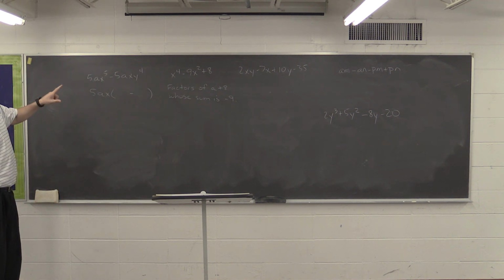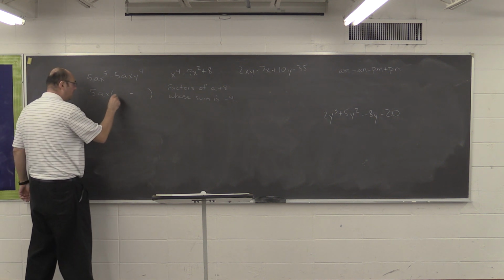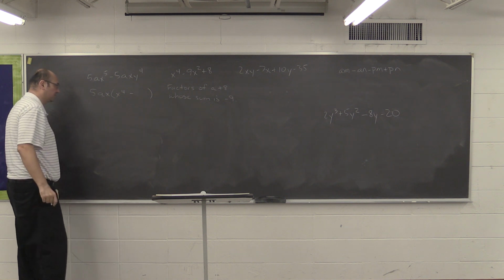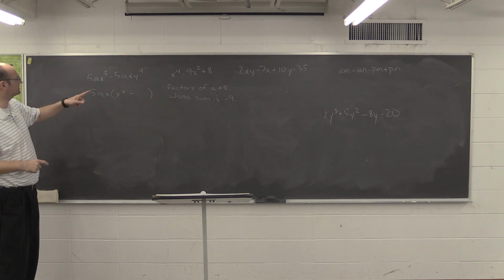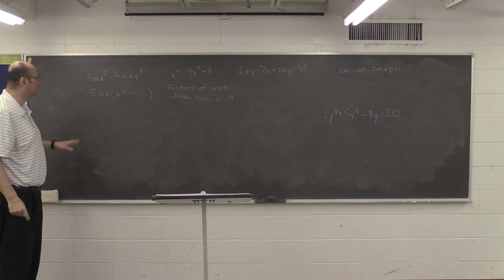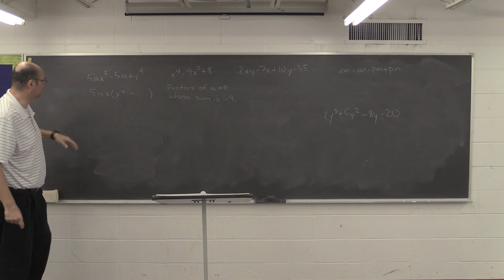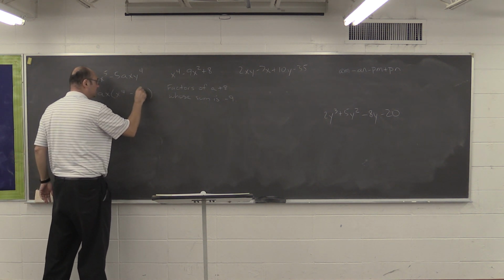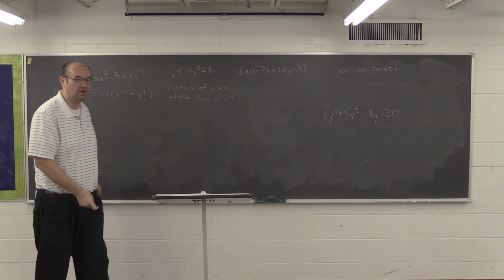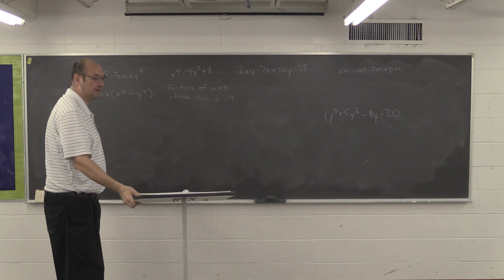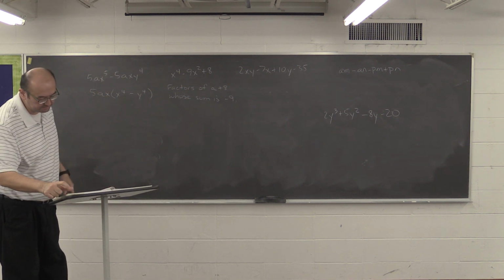So 5ax times what gives us x to the fifth? Well, the answer there would be x to the fourth. And then 5ax times what gives us the second term? That would be y to the fourth. Now, we notice here that we've got some perfect squares going on.